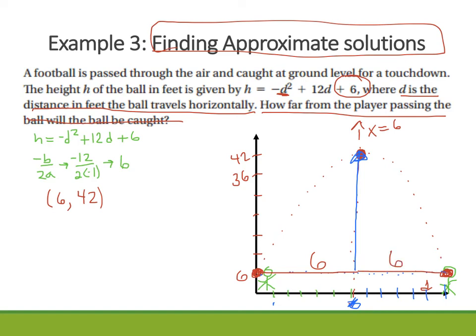And the ball is going to be traveling 12 feet. So it's a 12-foot throw, basically, is what's happening. So how far from the player passing the ball will the ball be caught? The player will catch the ball. Let's go ahead and erase this.